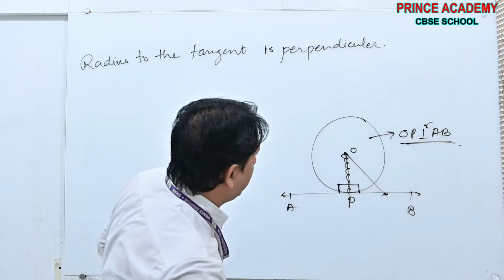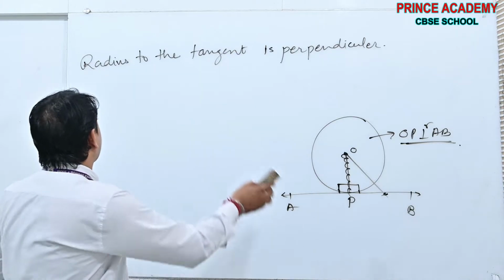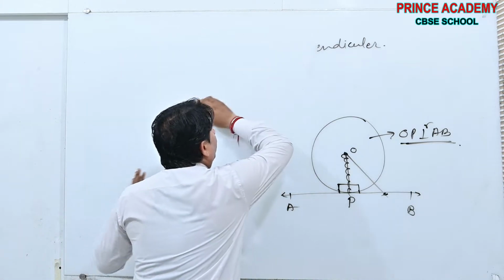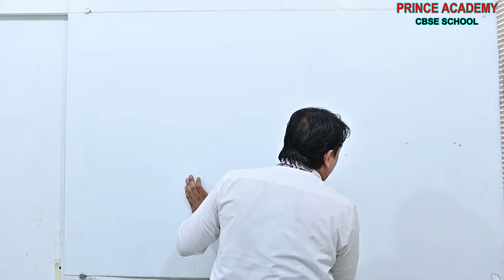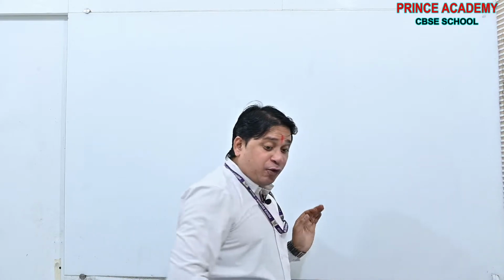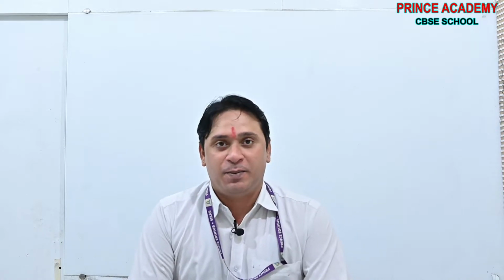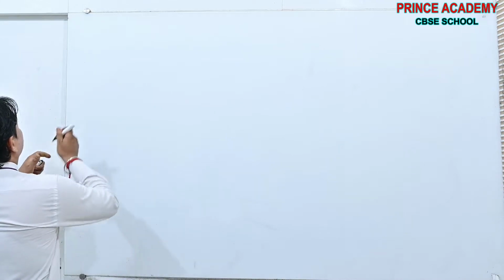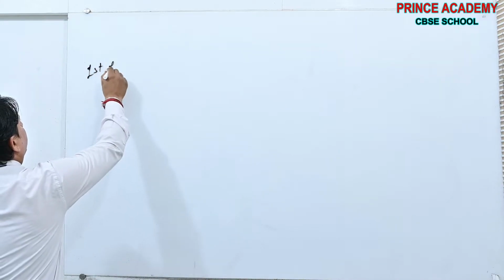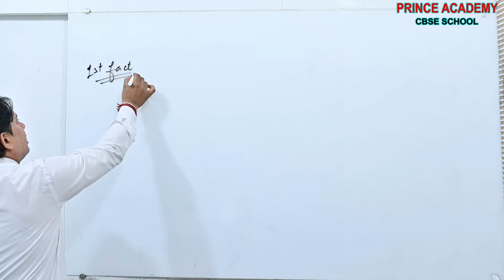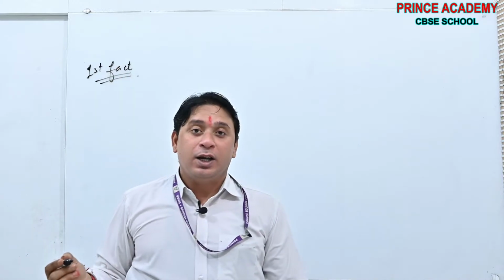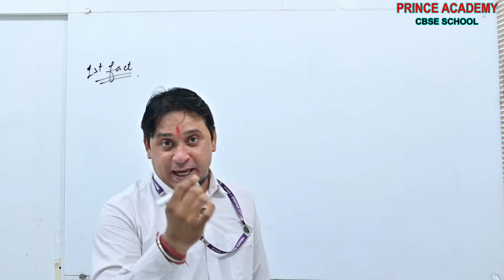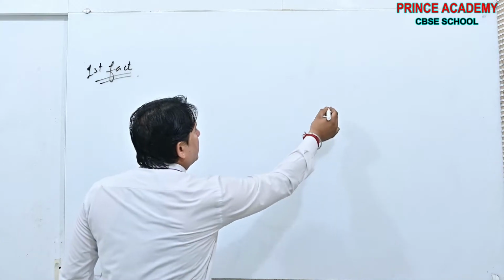Done? Now see beta. First of all, we will learn about the facts which we are going to use to prove this theorem. See, this is the first fact beta that I am going to use here to understand this theorem. See, very simple. Suppose this is the circle.